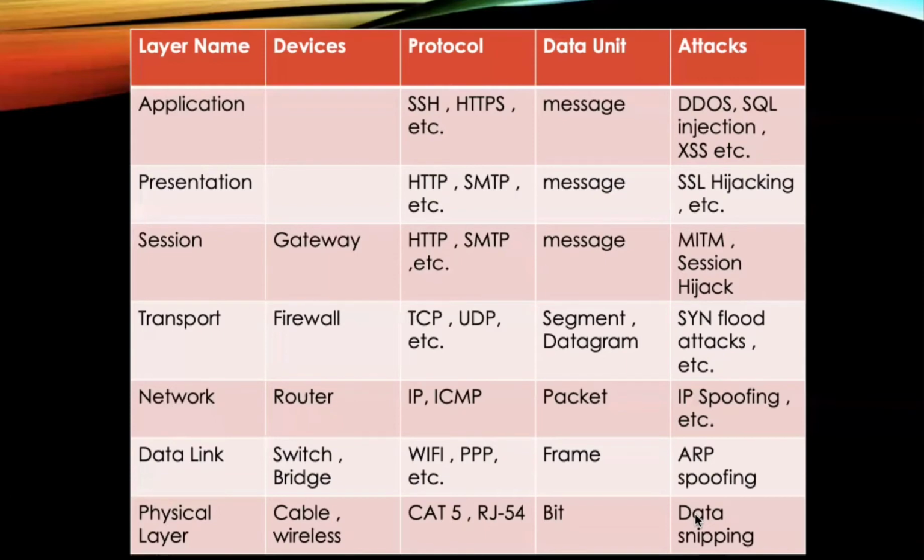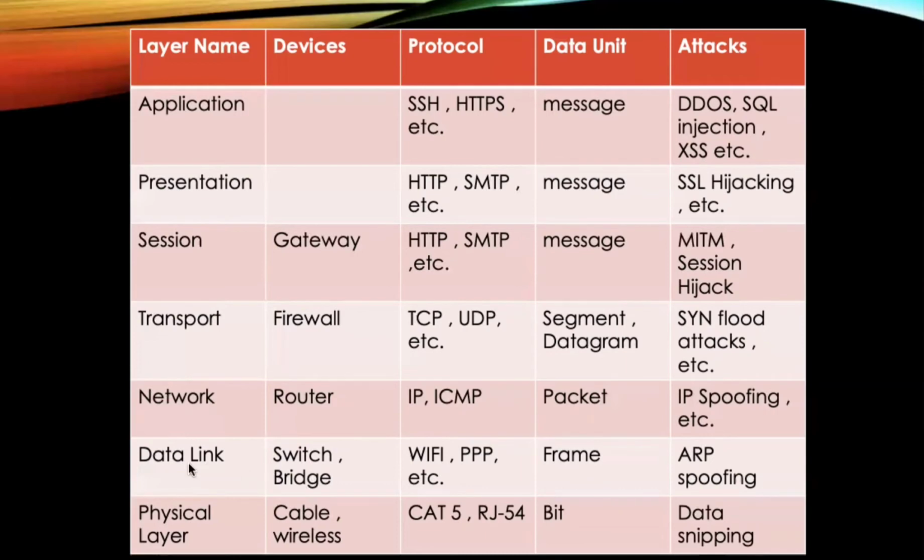Data sniffing concentrates on getting the data from the physical medium and decrypting it to get valuable information from it. We'll explain what data sniffing is and how we can crack WPA2 and WEP passwords. We'll discuss all the attacks in detail in the next lecture. For this lecture, we just need to know that on the physical layer we can do a data sniffing attack.